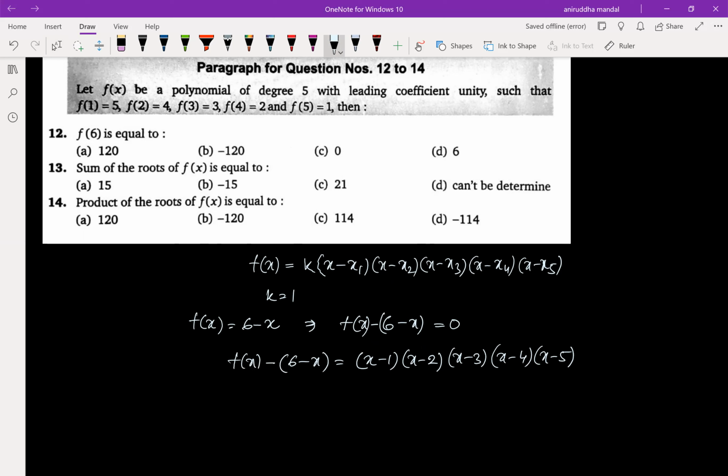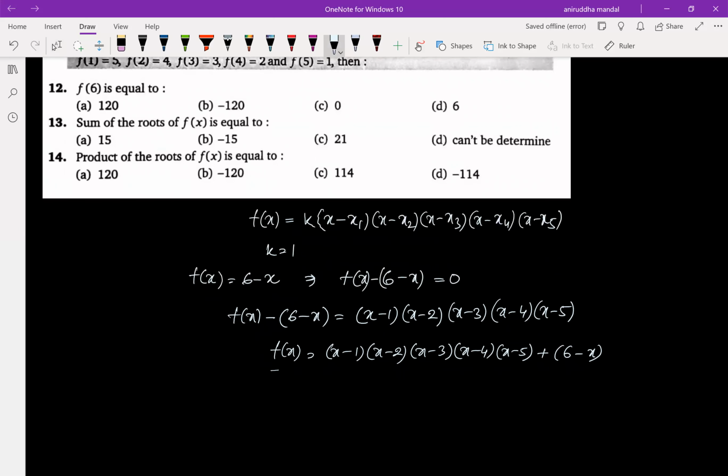Okay, so by substituting each value of x as 1, 2, up to 5, this is 0. Which means f(x) can be written as (x minus 1)(x minus 2)(x minus 3)(x minus 4)(x minus 5) and then plus (6 minus x).